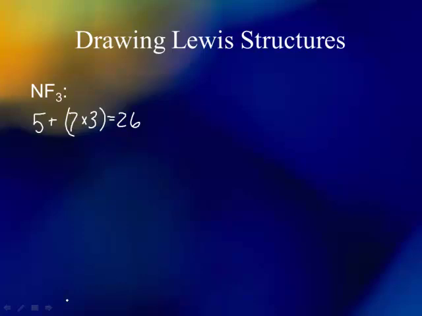Draw a skeleton structure. Put the single atom of nitrogen in the middle and attach the fluorines around it with single bonds. Complete the octets of the outer atoms. Put 6 unshared electrons on each fluorine.